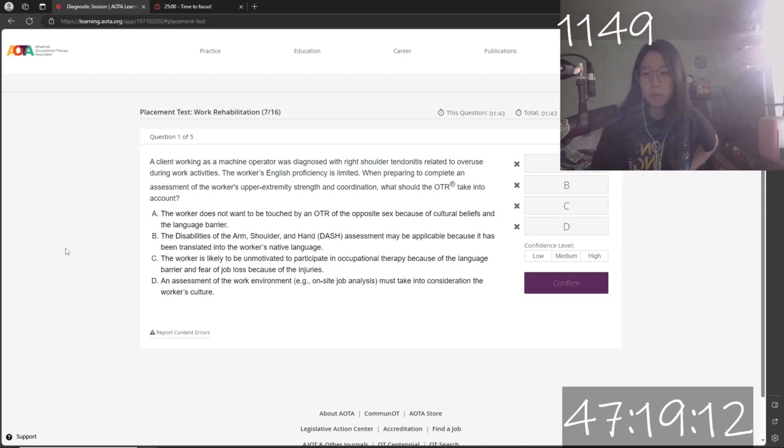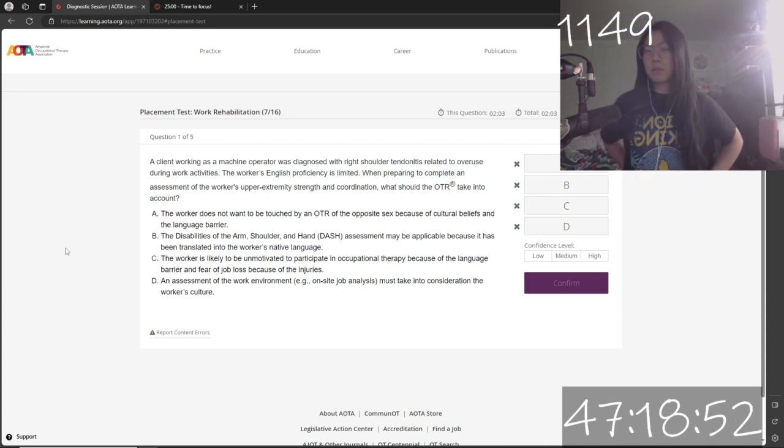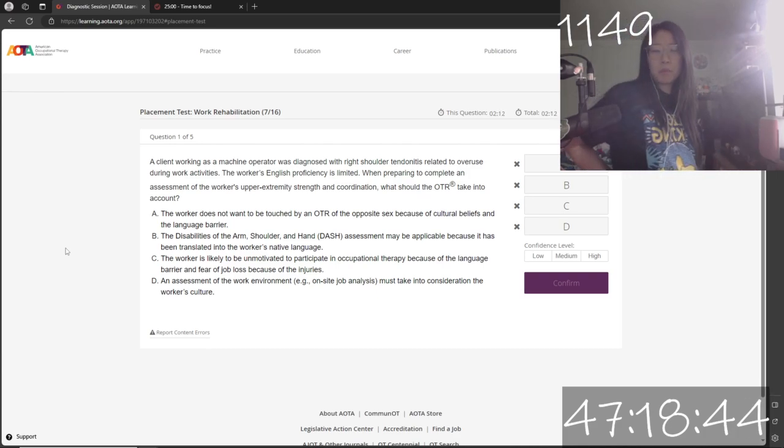The worker is likely to be unmotivated because of the language barrier and fear of... An assessment of the work environment, e.g., on-site job analysis, must take into consideration the worker's culture. Um, I want to say it's B. Disability assessment might be applicable because it can be translated.